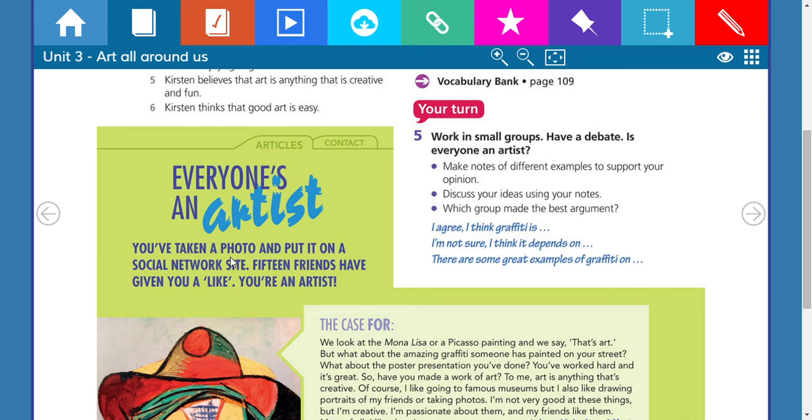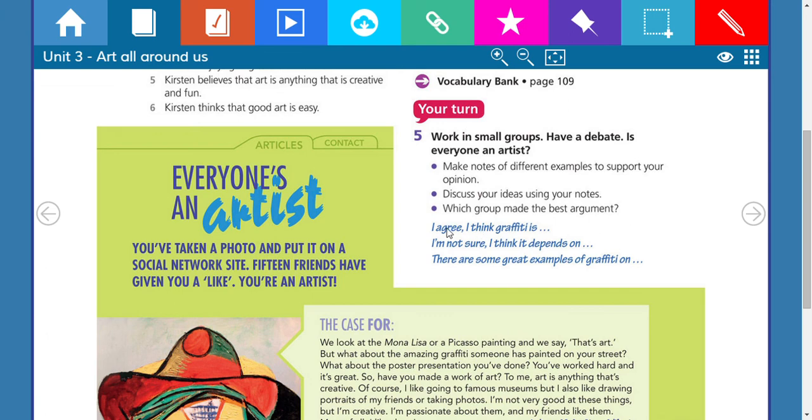Okay, because you are a good artist, because you draw very well, because people love your pictures. That is the case for. And the case against: it's not really true, because you need to study, you need to have exhibitions, etc. Discuss your ideas using your notes and decide which group made the best argument.